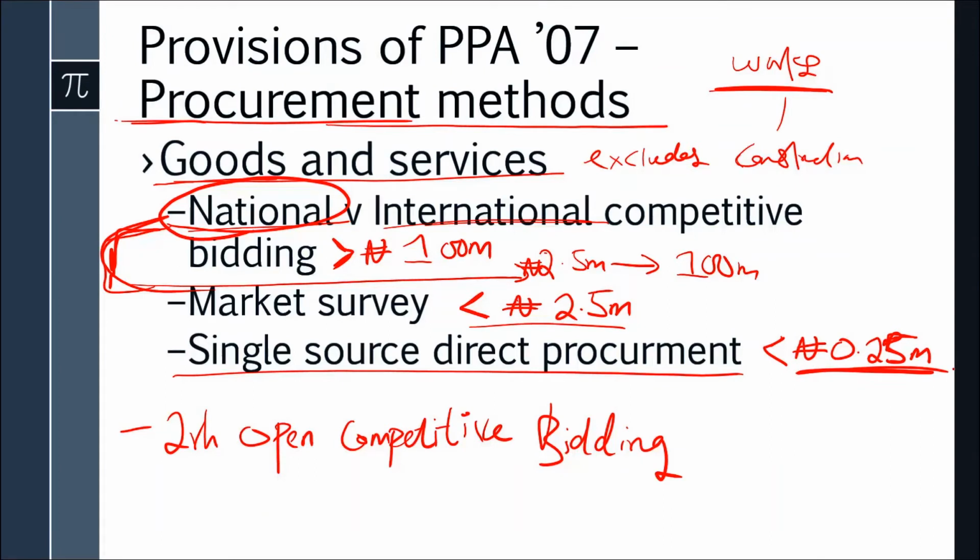If you just want to buy a carton of paper, there's no need for national and international competitive bidding, because such a contract will be too small to justify the costs of publishing the advertisement, the tendering process, convening the ministerial board, and so on and so forth.